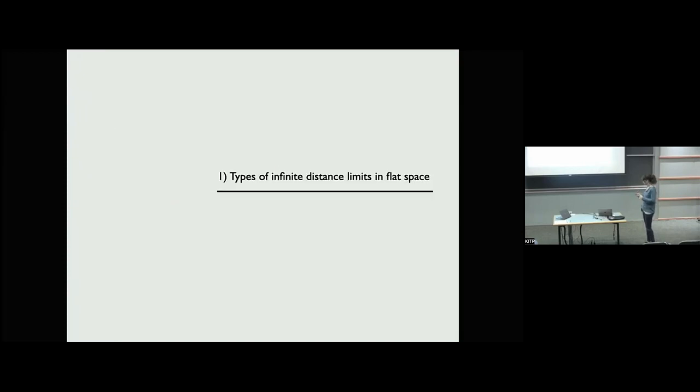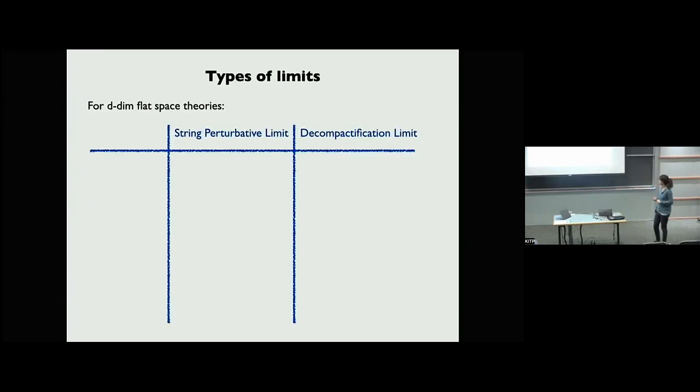Okay, so let me start with this type of limits. I was saying there are different limits that could arise at infinite distance. So far, from string theory, like all the computations have been done, it seems that at every infinite distance limit, you can always find some frame in which the limit corresponds to either a string perturbative limit or a decompactification limit.